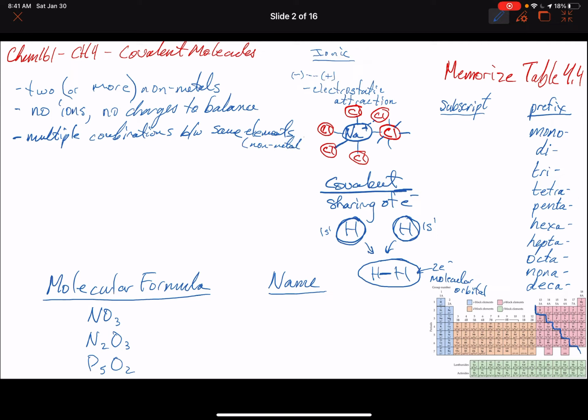If you glance down to the bottom where we'll do some examples, you can see that we'll deal with things like 5 phosphorus atoms and 2 oxygen atoms establishing some structure. We've got clearly multiple of the same elements involved there, and so we'll see that in covalent molecules. All the bonding within that must be covalent because both phosphorus and oxygen are found in the nonmetals area of the periodic table.